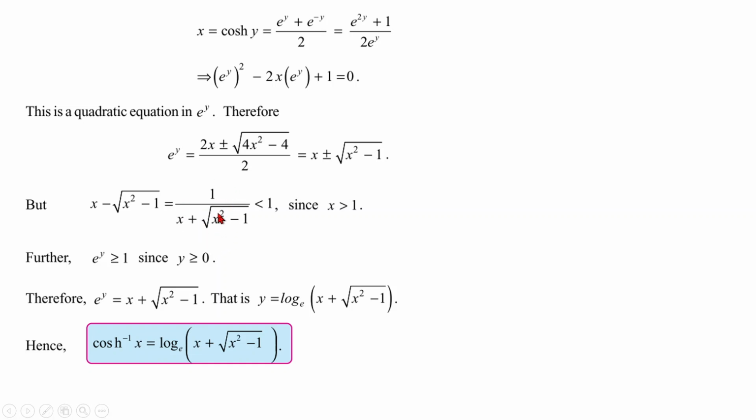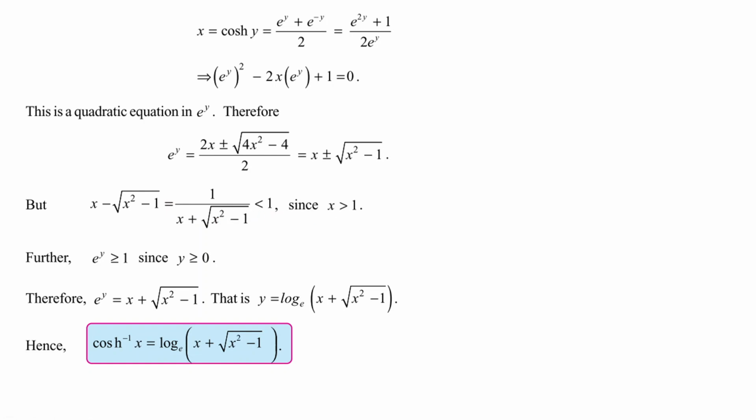This is less than 1. Why? Because x is greater than 1. x is cosh y, this should be greater than 1. So what will happen to this? If you do the rationalization, you will get this, this multiplied by this, right? You are getting this one. This is less than 1.